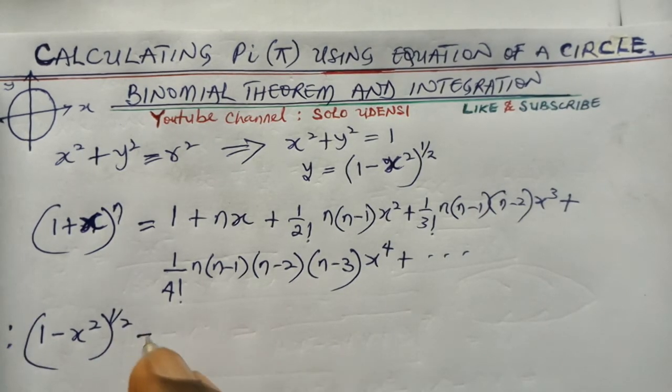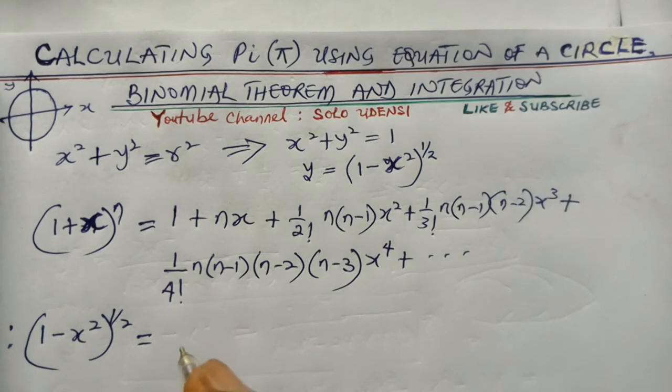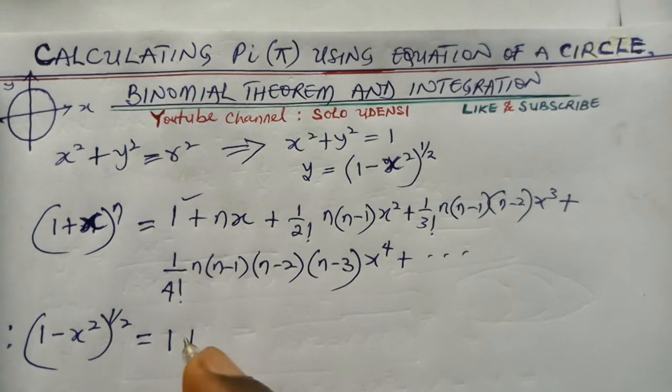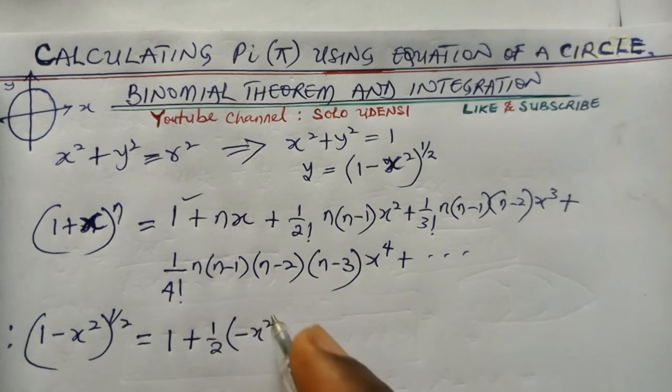If we open it up, we'll have 1 for this one, plus n is half and x is minus x squared.